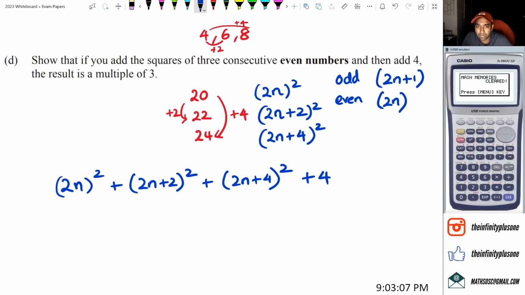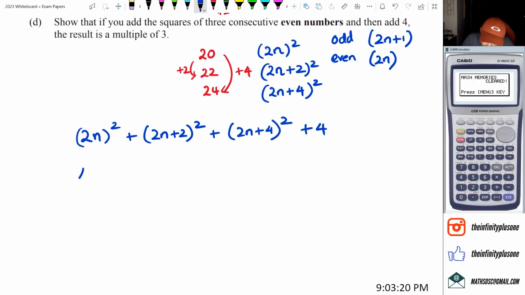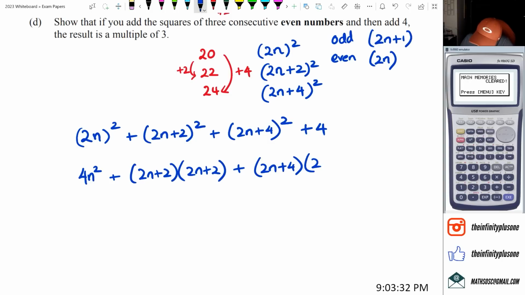Now, I'm not going to worry about the multiple of 3 yet, but I've got this big quadratic equation and I need to expand everything and simplify it all together. So that's what I'm going to do here. 2n squared is 4n squared, plus 2n plus 2 times 2n plus 2, plus 2n plus 4 times 2n plus 4, and that plus 4 is right at the end.